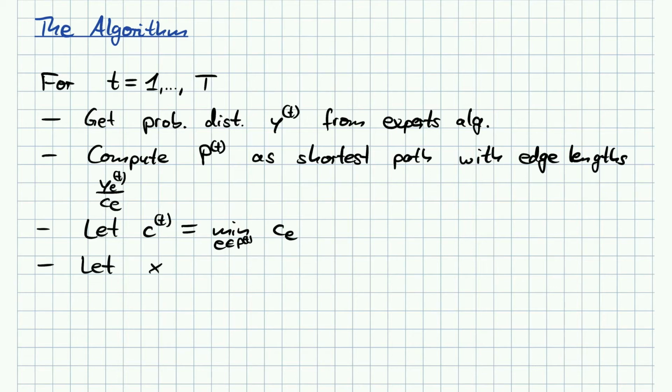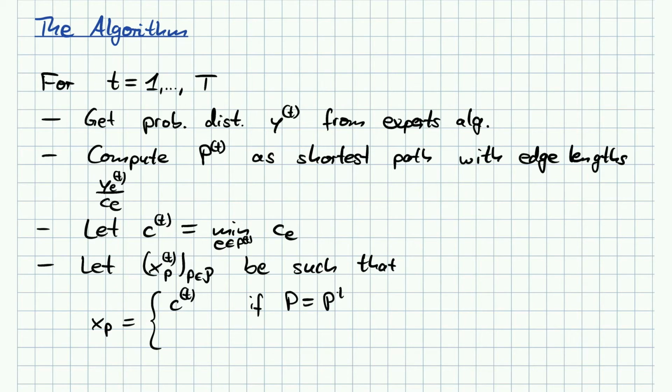Then we are augmenting our flow, namely we'll send a flow of CT along path PT, and no flow along any other path.